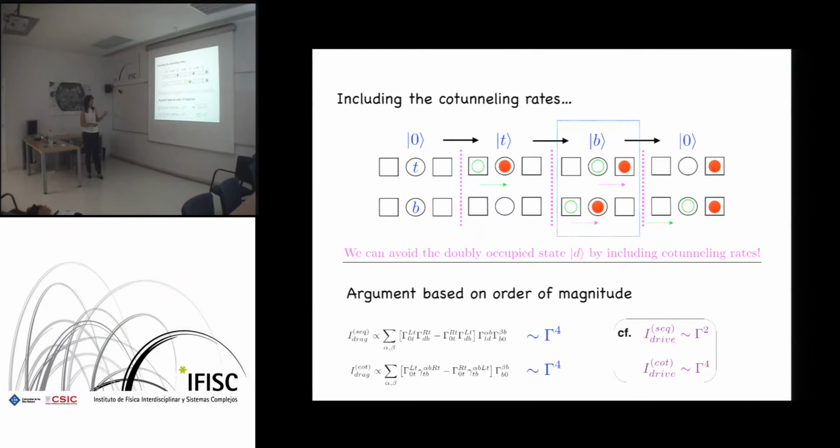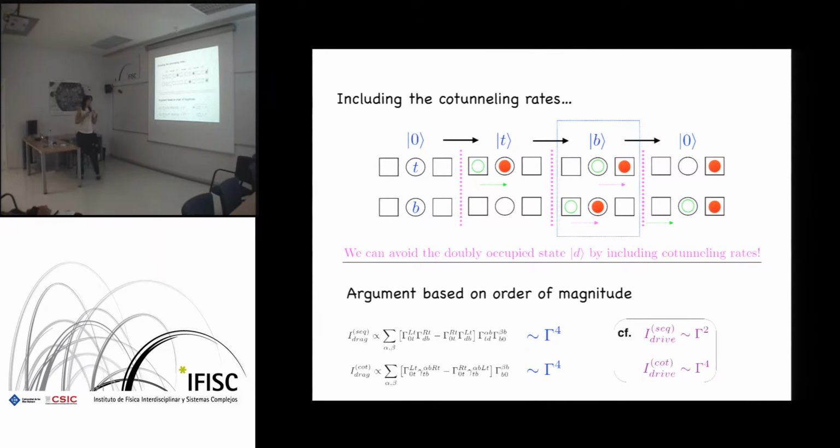Okay, and then we just remove the electron in the bottom. So in this sequence, we are considering cotunneling events, and then the doubly occupied state does not appear. So this means that we don't really need to pay this extra energy.